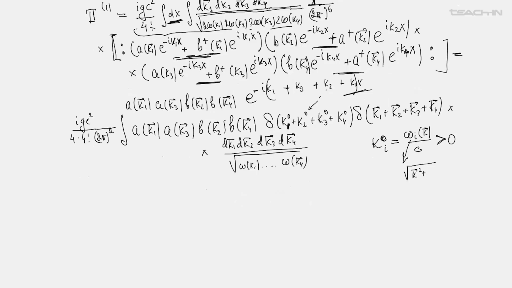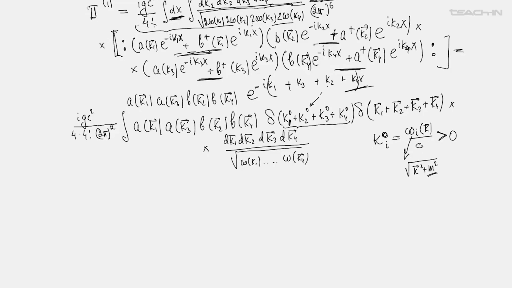Since it's always positive, this delta function, which renders the conservation of energy in the scattering process, just tells you that the configuration where the sum of the energies of these 4 particles is equal to 0 is not possible, because k1 0, k2 0, k3 0 and k4 0 are all positive. As such, this delta function never contributes.